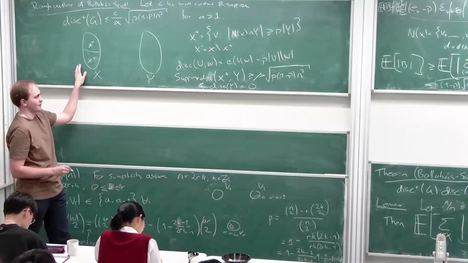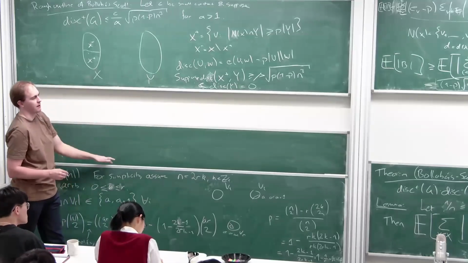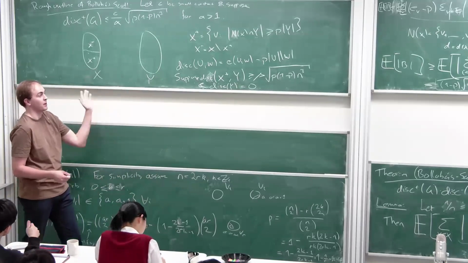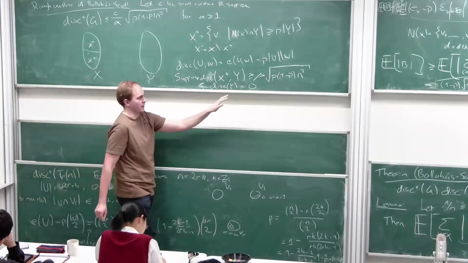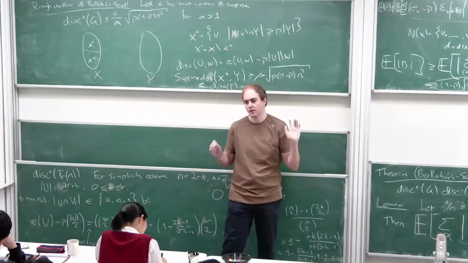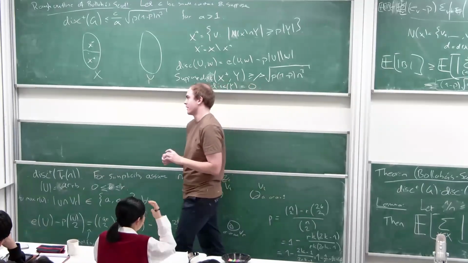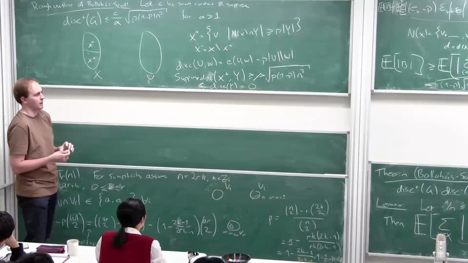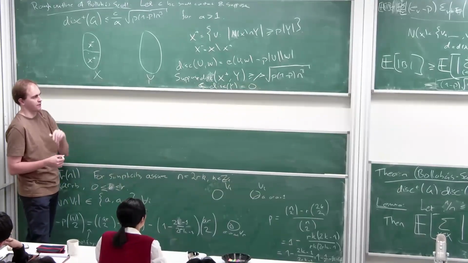The expected discrepancy between x and y is zero again, because it's a random bipartition. So the expected discrepancy between x plus and y is going to be at least this. So these are assumptions that we can certainly make when we consider a linear combination. This is just for intuition.